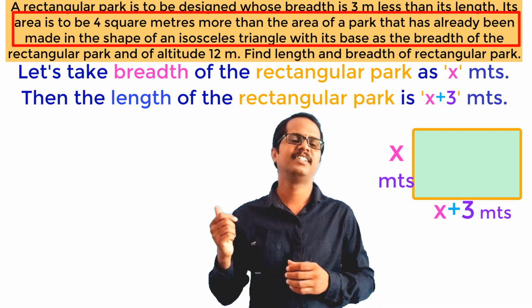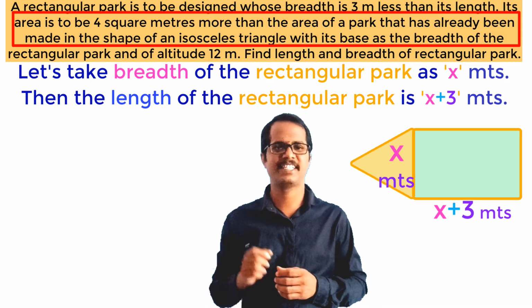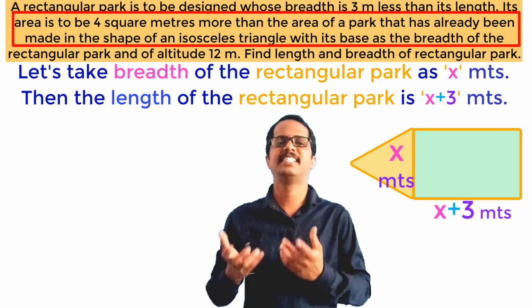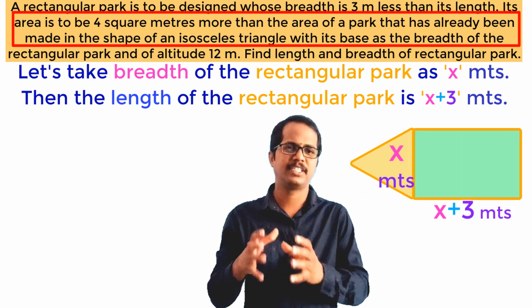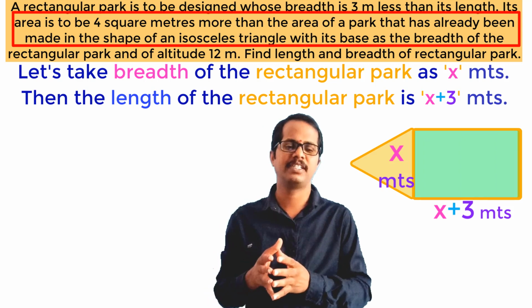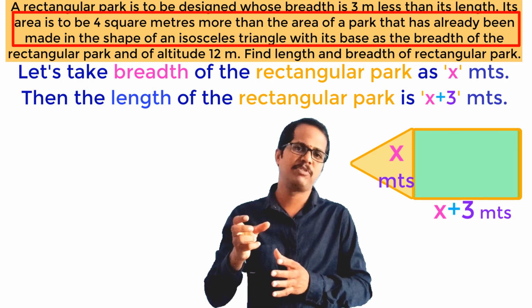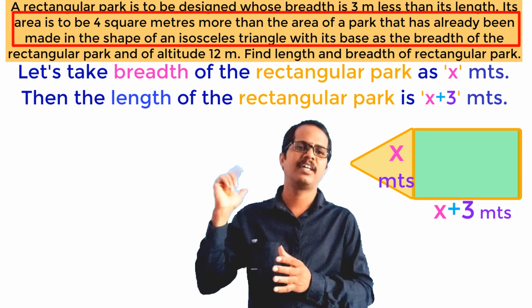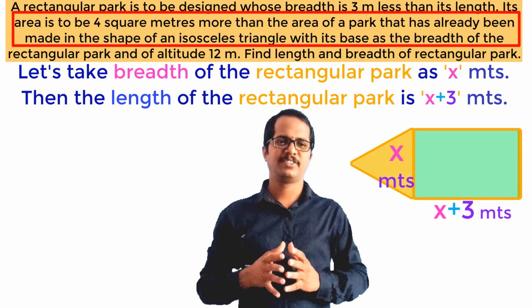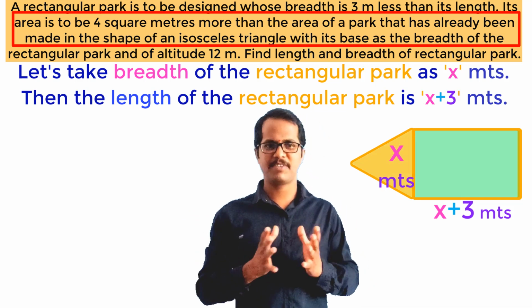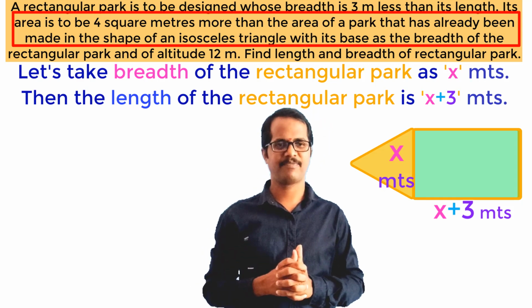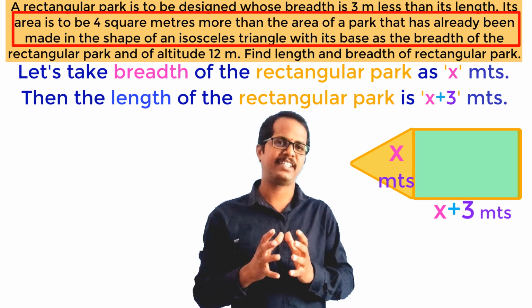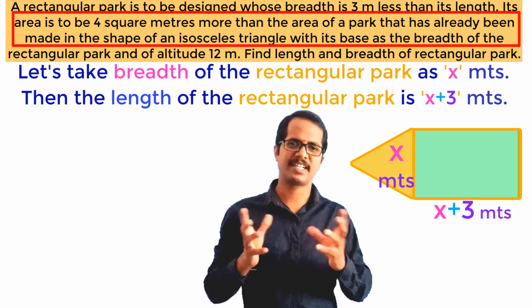So already an isosceles triangular park is designed, and the rectangular park that is going to be designed, its area should be 4 square meters more than that. So that means we have the relation between the areas of the rectangular park and the triangular park. So for that we have to find the area of the rectangular park and the triangular park.